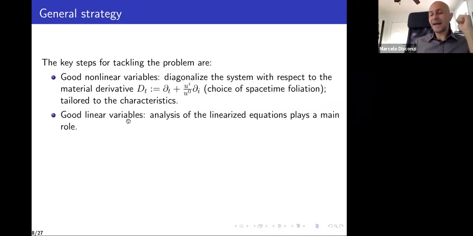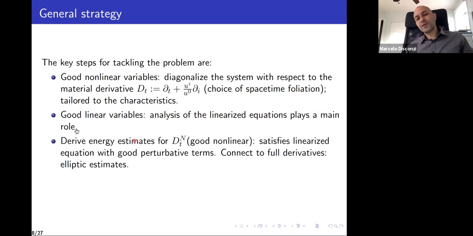Then the second step is going to be to choose some good linear variables. So the analysis of the linearized equation plays a main role in our approach. And you have to write the equation in terms of some good variables to carry out the analysis. And then you're going to derive some energy estimates for a certain number of material derivatives of your good nonlinear variables. What you want to show is that these material derivatives of the good nonlinear variables actually satisfy the linearized equation with some error terms, which are going to be good perturbative terms.